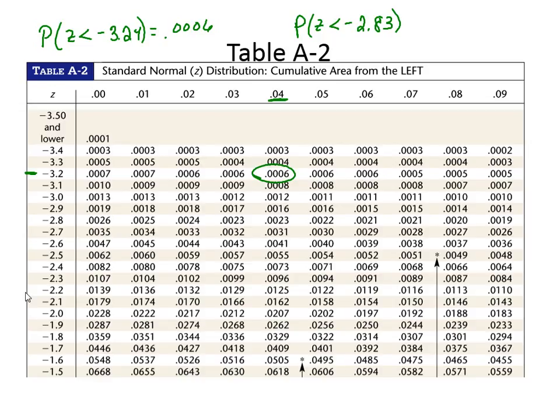So what is this coming up with? Point zero zero three.